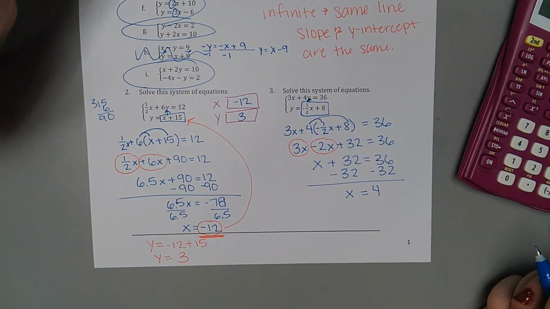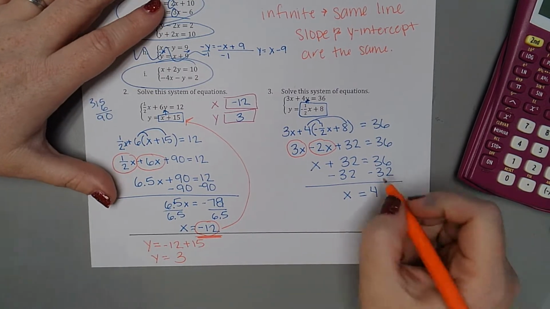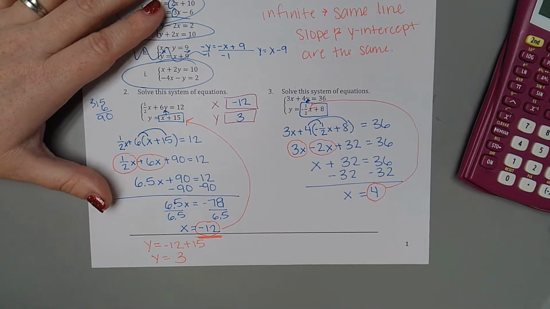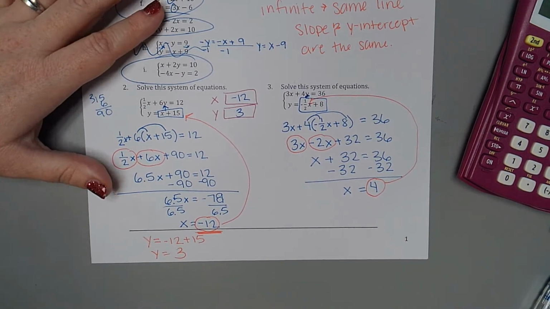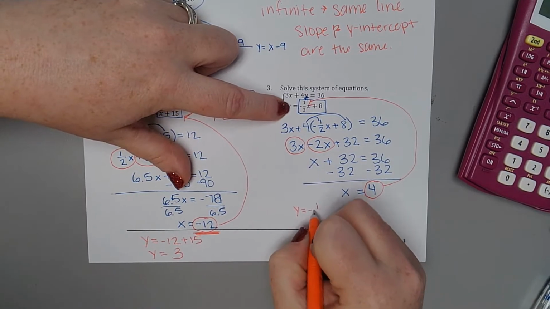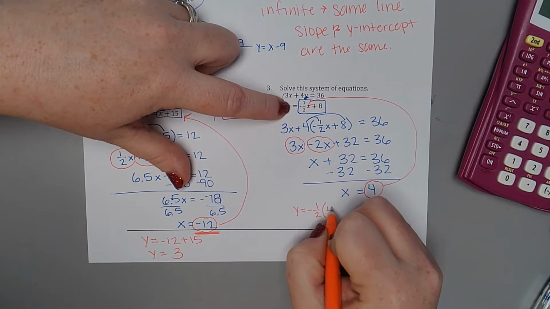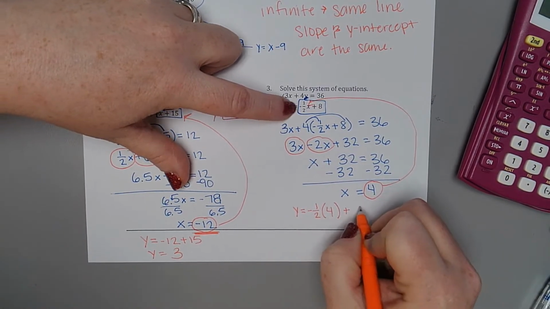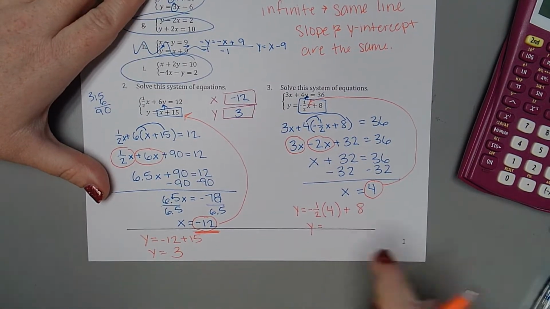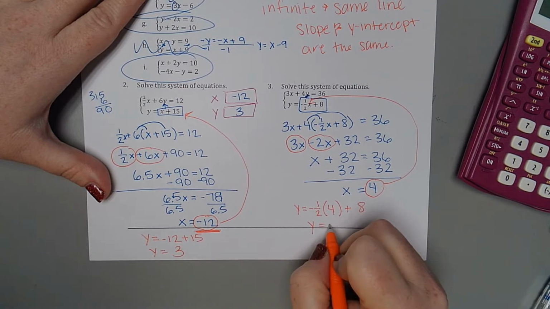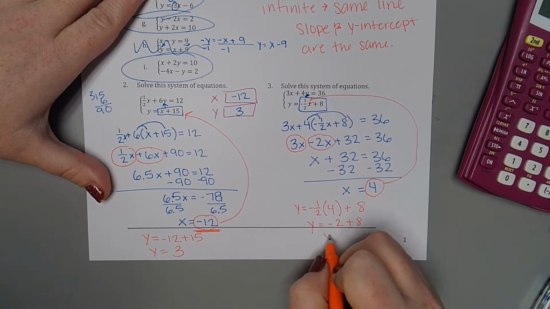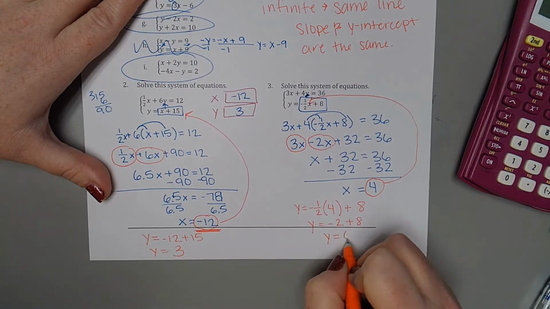Well, now that I know that x equals 4, we're going to substitute this value in for x. So we have y equals negative 1/2 times 4 plus 8. So negative a half times 4 gives us negative 2 plus 8. Y is equal to 6.